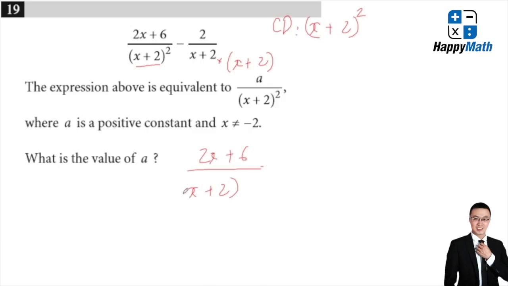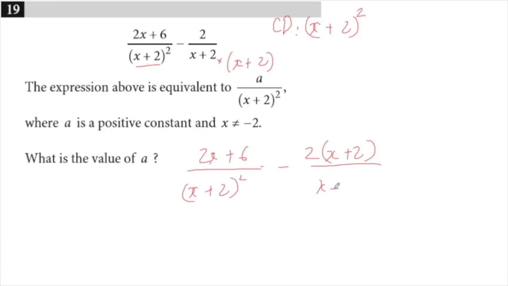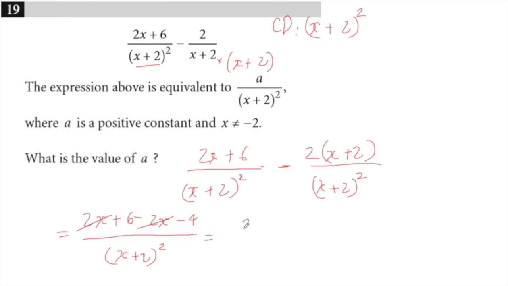Then the two denominators are the same, so you can operate on the numerators: 2x plus 6 minus 2x minus 4, because minus 2 times 2 is minus 4. So simplify: 2x minus 2x cancels, 6 minus 4 is 2. So the value of a is 2.